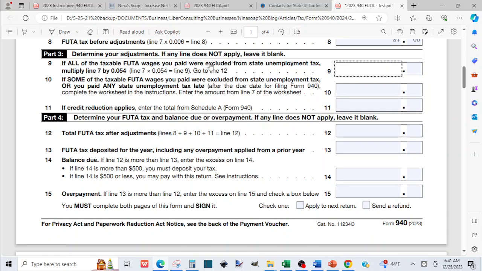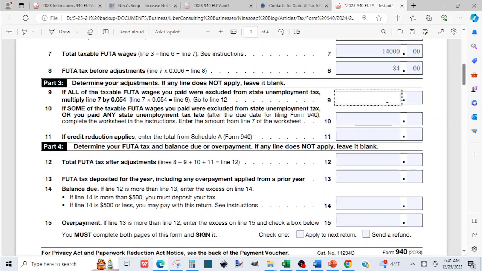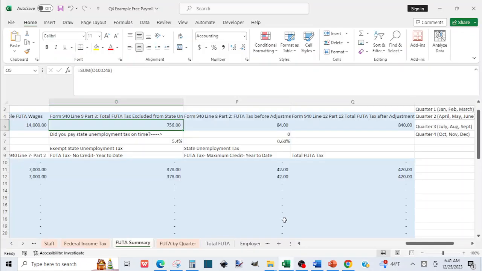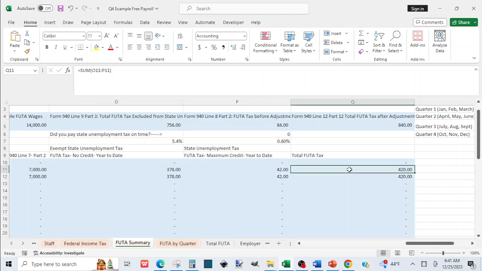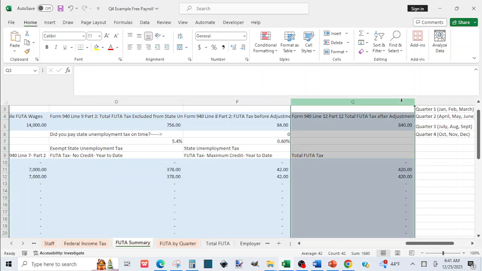So we are going to leave part 3 blank. Part 4, total FUTA tax after adjustment is line 8 plus 9, 10, 11, and it's going to be 84. And that's where, if you are using the free payroll spreadsheet and you qualify for the maximum credit, you ignore this column, because you are now going to pay that 5.4% if you pay state unemployment on the FUTA wages.